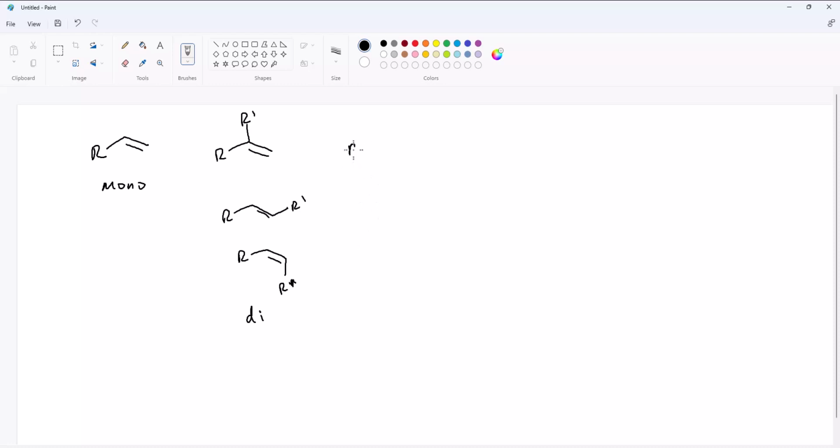We can have 3 substituents. This would be a trisubstituted alkene. And then we can have 4 substituents, and that would be called a tetrasubstituted alkene.